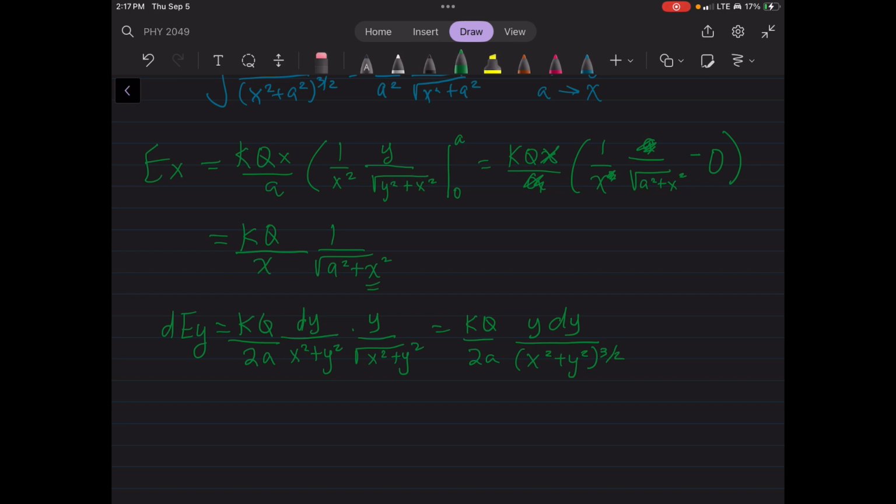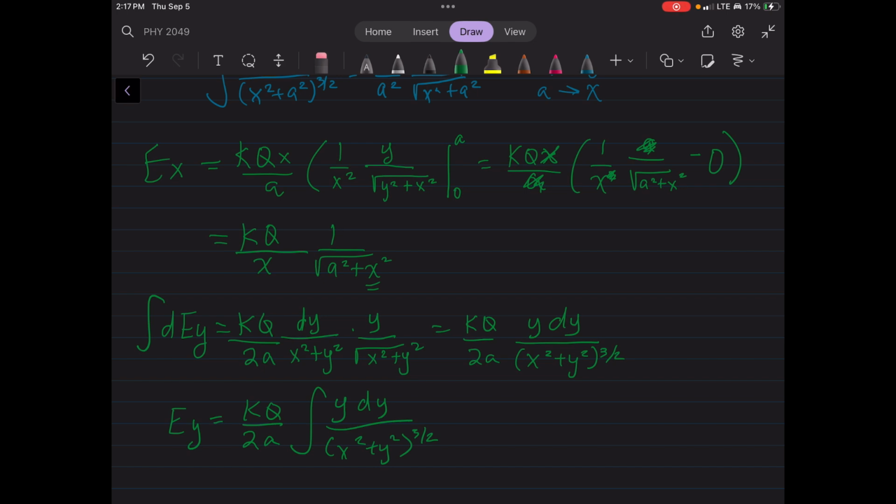If I integrate the left, I get Ey. If I integrate the right side, push all those constants over, the integrand ends up being y over x squared plus y squared to the 3/2. Now that is also a table integral.